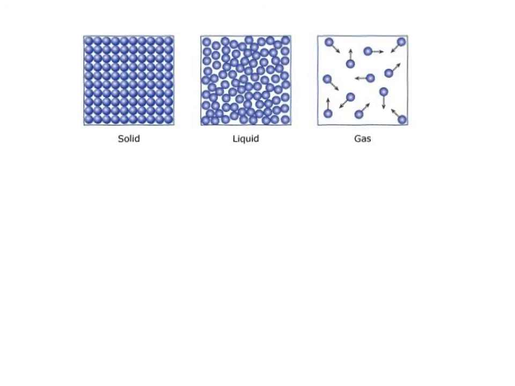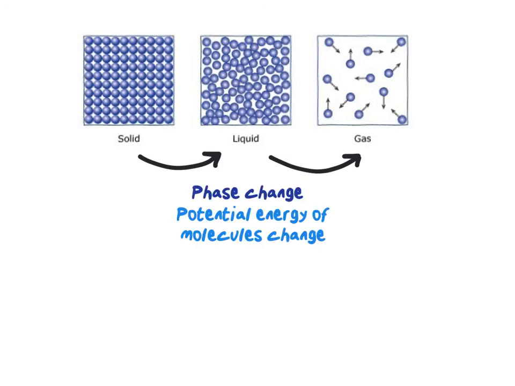Now, this next topic we're just going to touch on briefly, but basically we're going to see that when a solid changes to a liquid or a liquid changes to a gas, basically whenever there's a change of phase, there's a change in the potential energy of the molecules. In other words, they've made a pretty drastic change in how they relate to one another within the system.